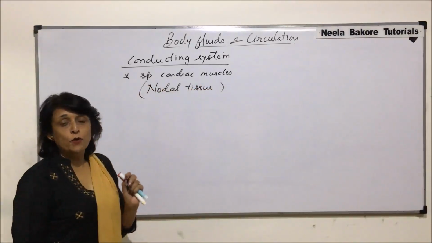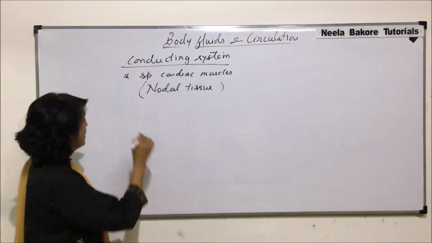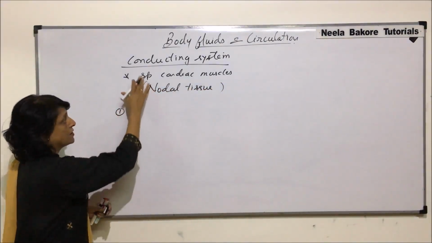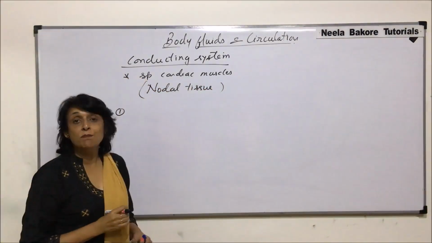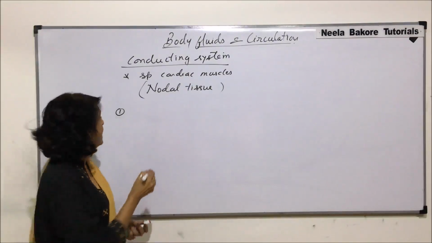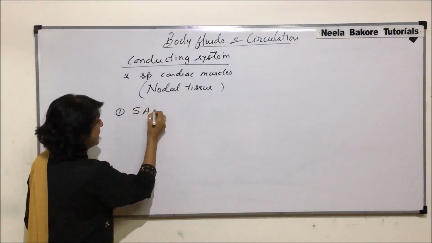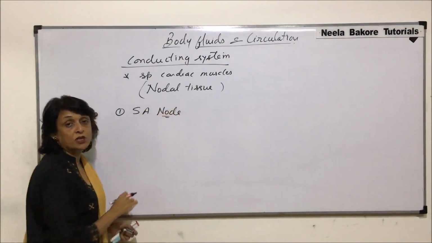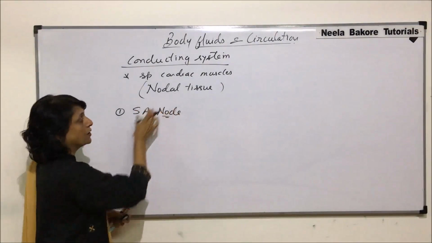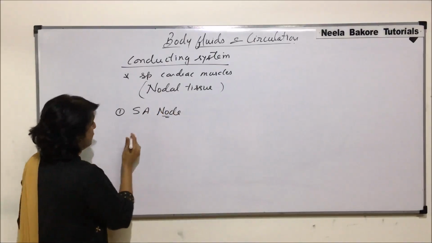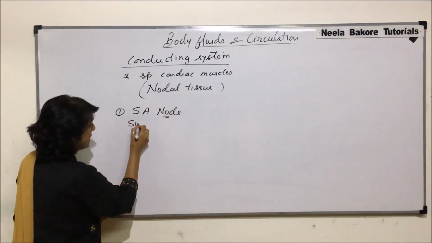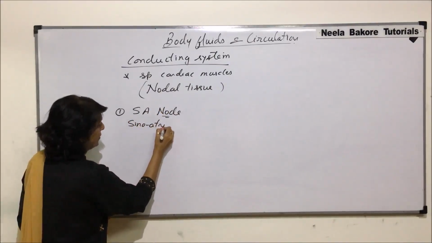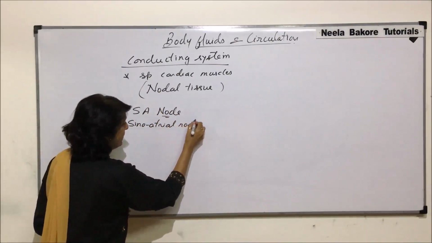There are a few important things which we need to remember. The first thing, from where this impulse is generated, is known as the SA node. Node is for this specialized muscle, and that is why we are calling it nodal tissue. The full form of this is sinoatrial node.